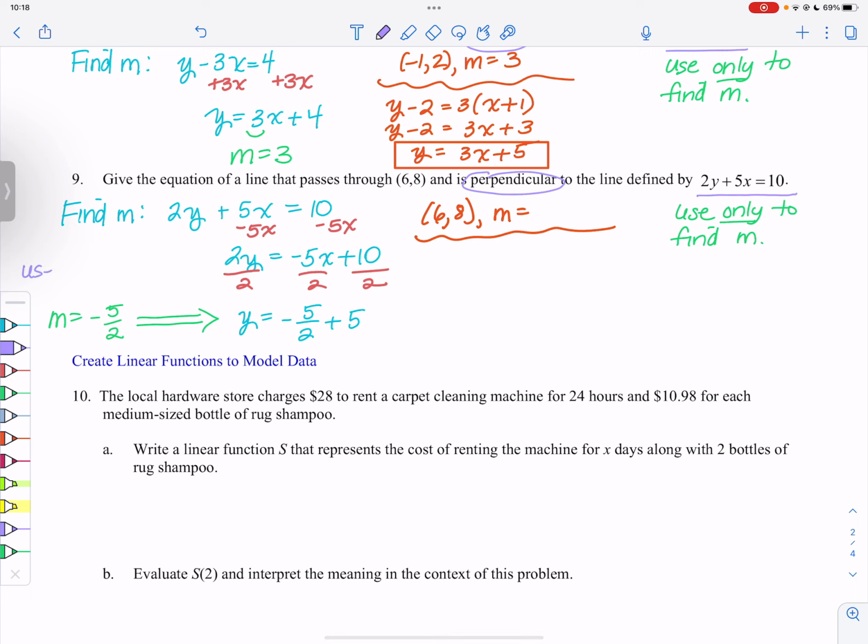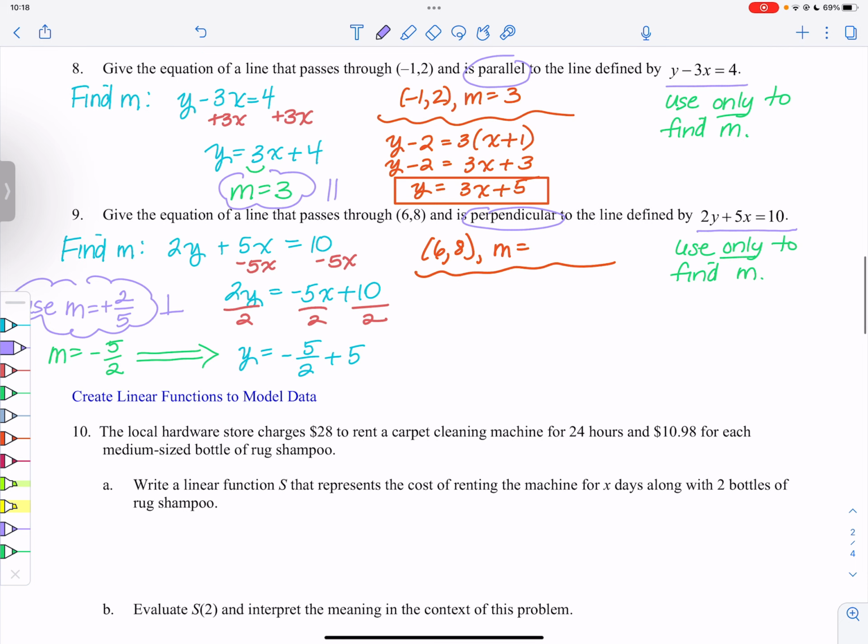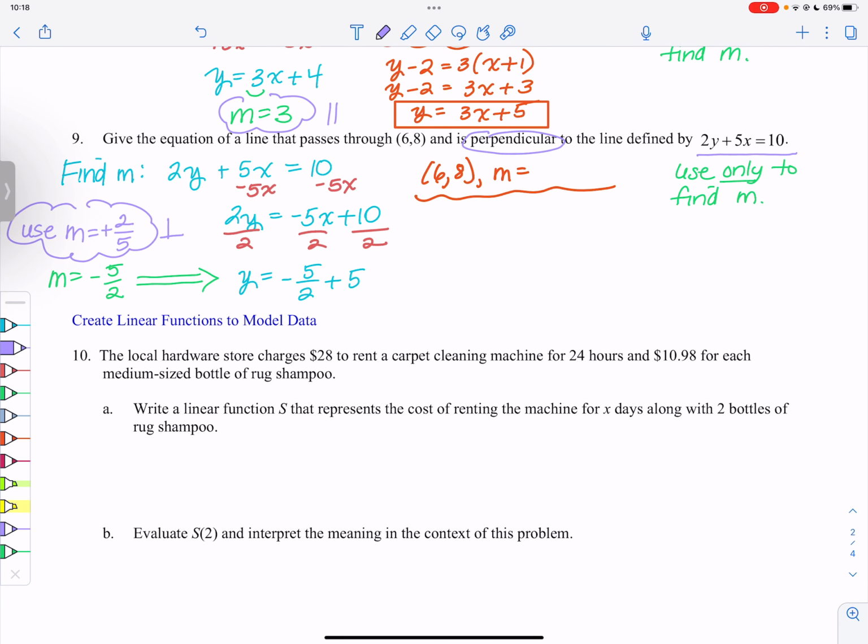So we will use the slope opposite, which would make it positive 2/5, since we're perpendicular and we were parallel here. Okay, so now let's fill that in, a positive 2/5. So we have y - 8 = 2/5 (x - 6).